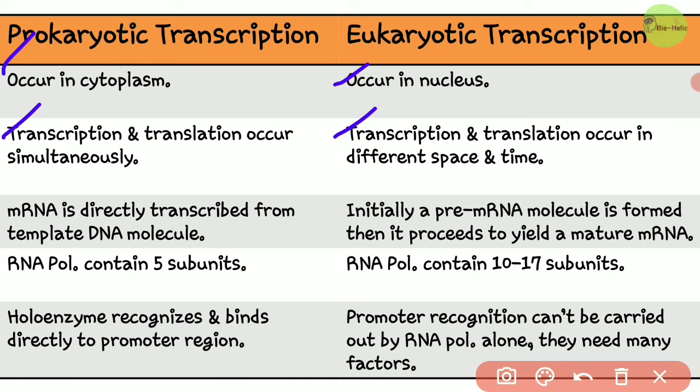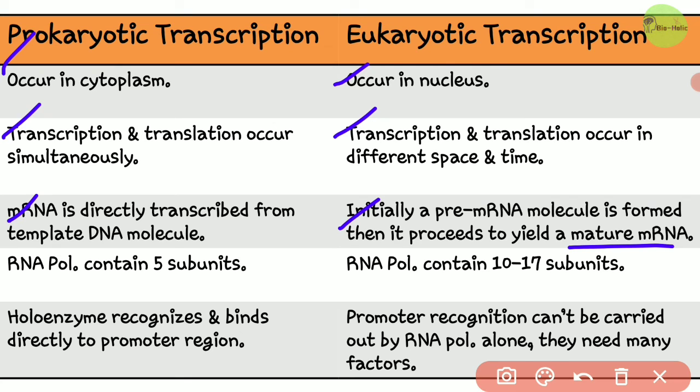In prokaryotes, mRNA is directly transcribed from the template DNA molecule. But in eukaryotic cells, initially a pre-mRNA molecule is formed, then it is processed to yield a mature mRNA.